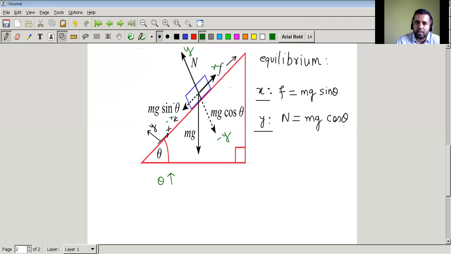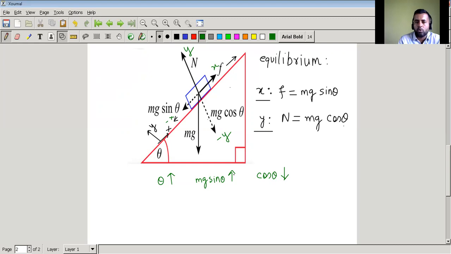This mg sine theta will go on increasing, right? And this cos theta component, if theta is more, the value is less, so this one will go on decreasing. So if we increase theta, mg sine theta increases, but cos theta component will decrease, because sine theta is maximum for 90 degrees, means as angle increases, sine increases.